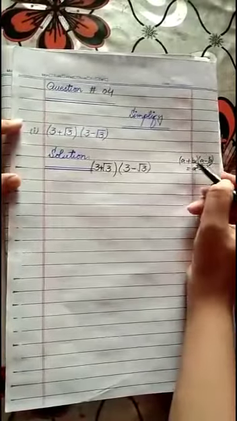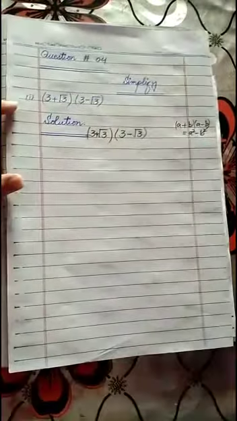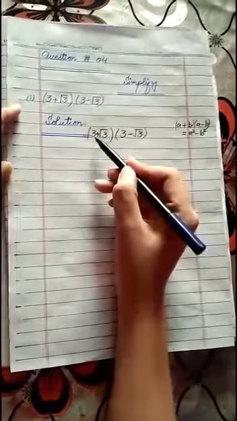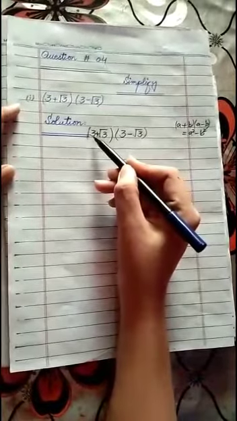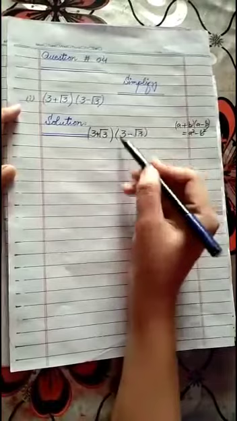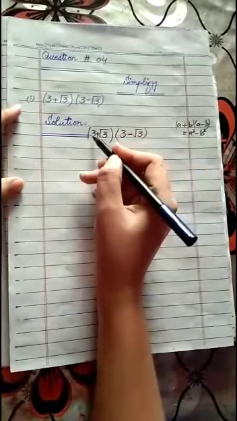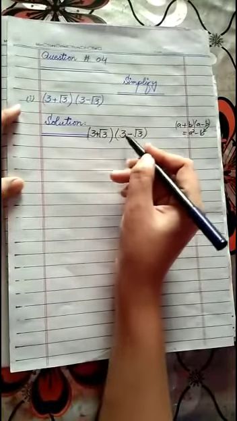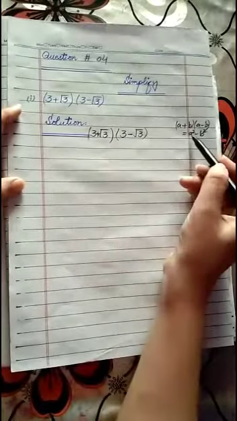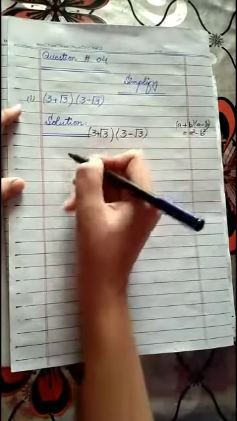This is the formula. So the same method we can apply here, as both terms are the same, but the sign is different. So we will consider a plus b into a minus b. Then we can apply this formula, a square minus b square.